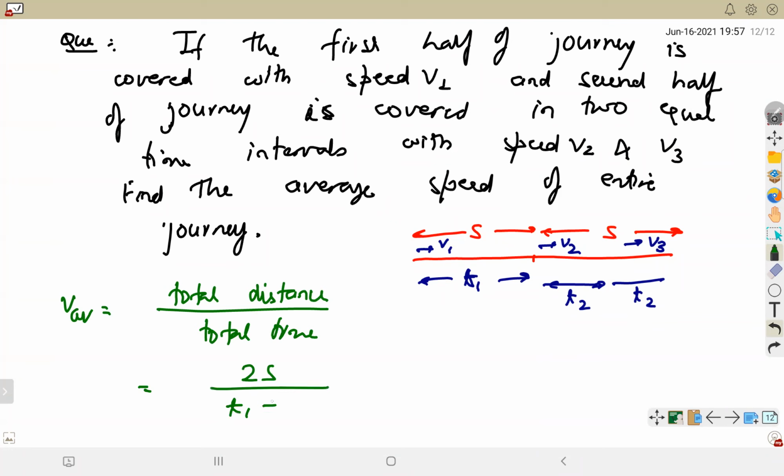Total time is t1 plus 2 times t2. t1 will come directly and simply. How much will t1 be? t1 is s by v1. Yes, sir. What about t2? How will we calculate t2?